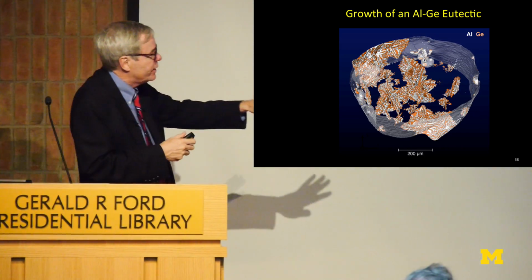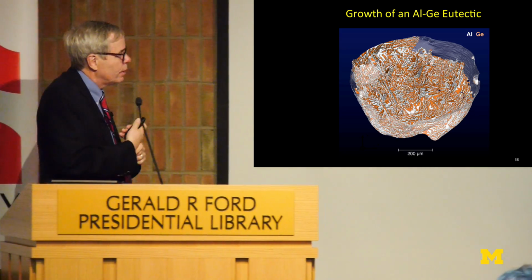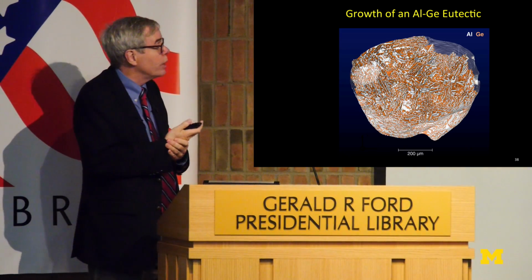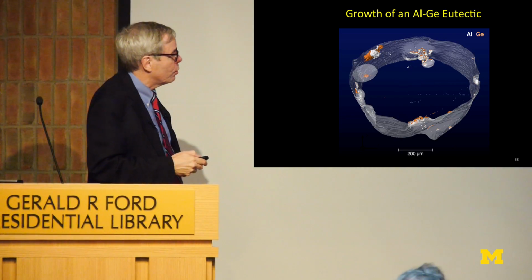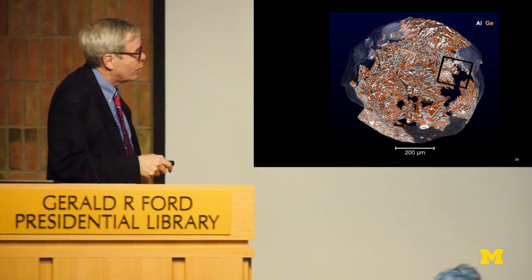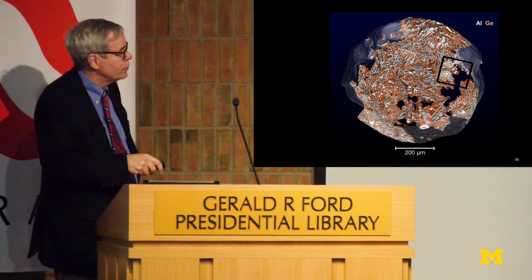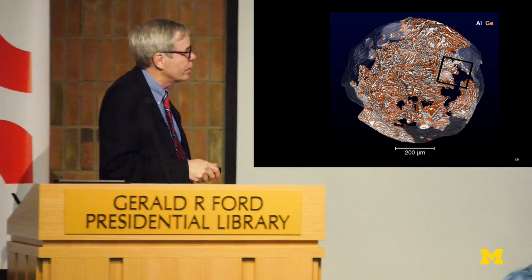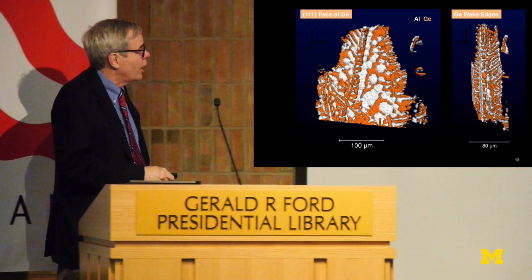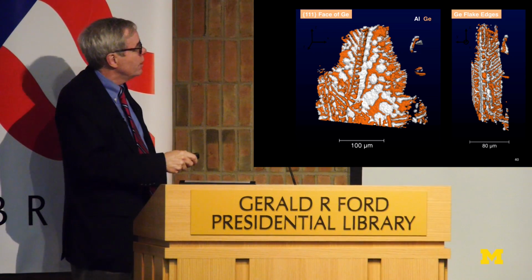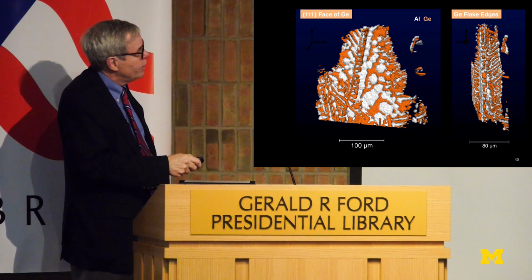And now that we have this data, we can begin to look at what's really going on during the growth process. So we're going to take one small sample of the section over here and look at that in detail. And this is a eutectic colony. So this is again germanium. This is aluminum.